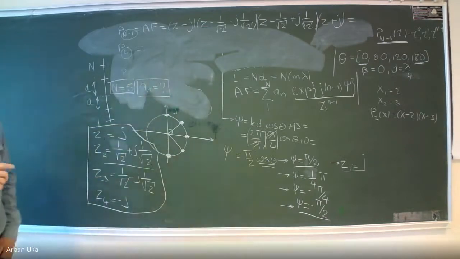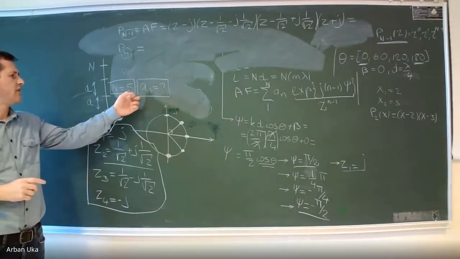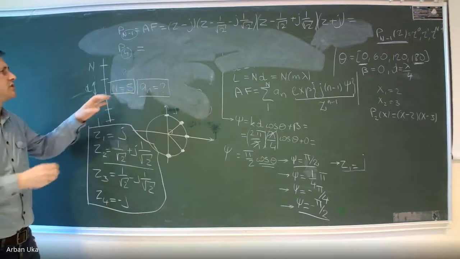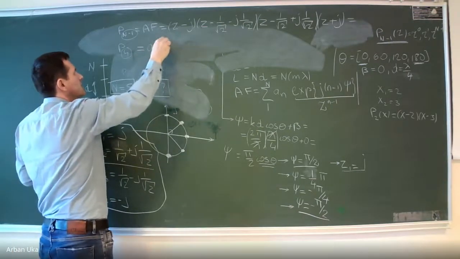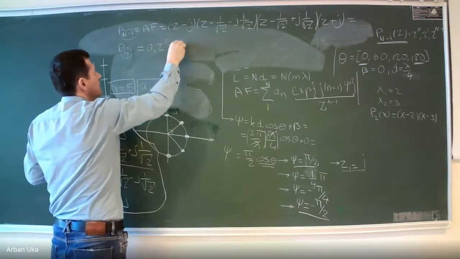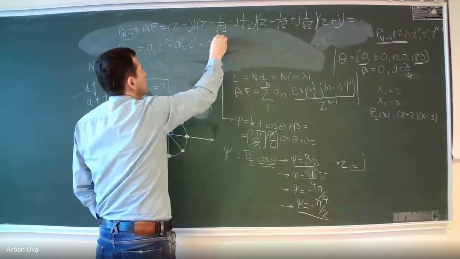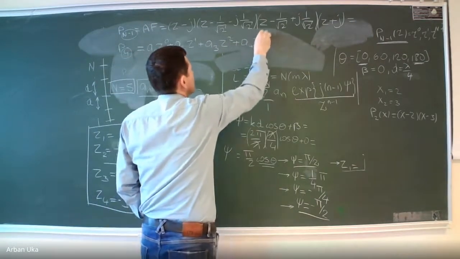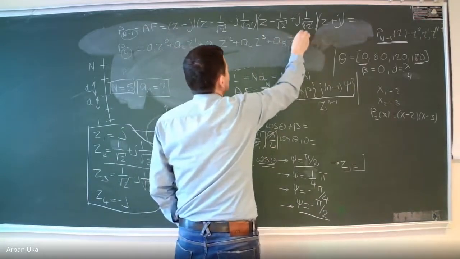And where do we get this An? We get these values from the coefficients of the polynomial. So we expect A1 times z to the power 0, plus A2 times z to the power 1, plus A3 z squared, plus A4 z to the power 3, plus A5 z to the power 4.